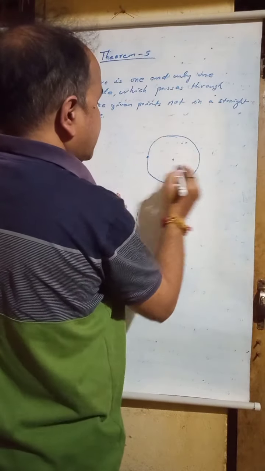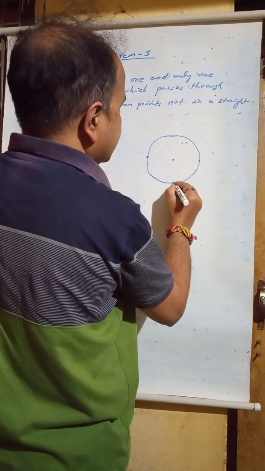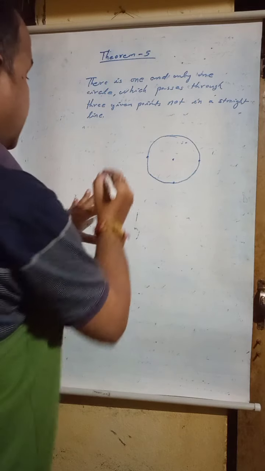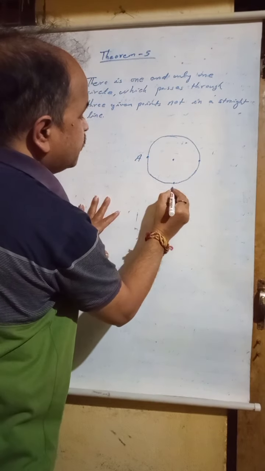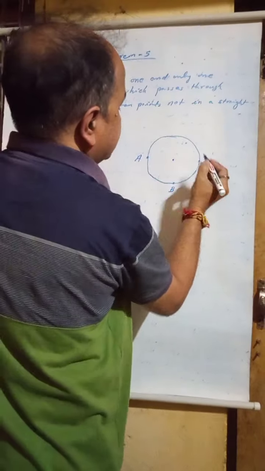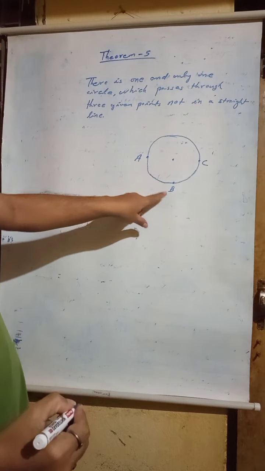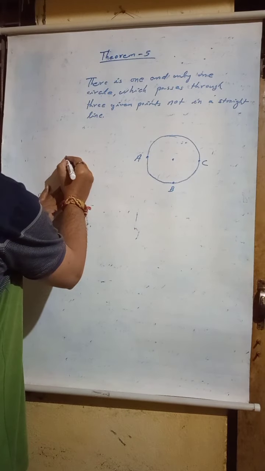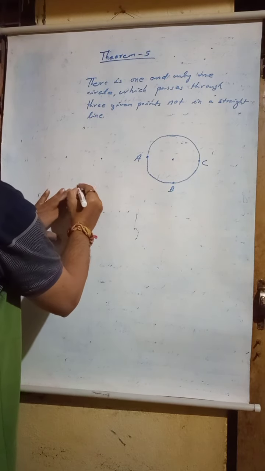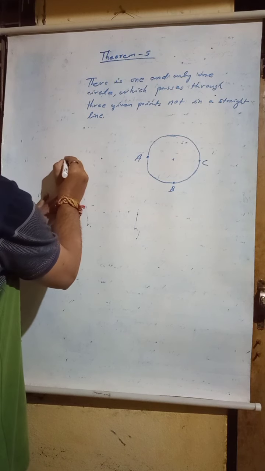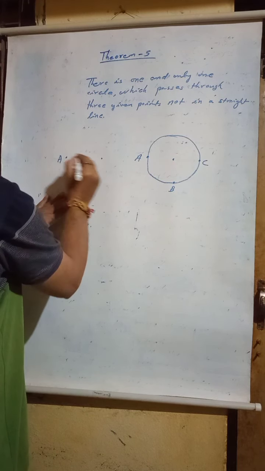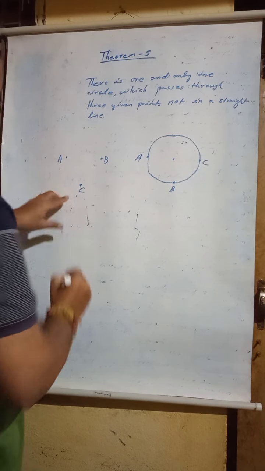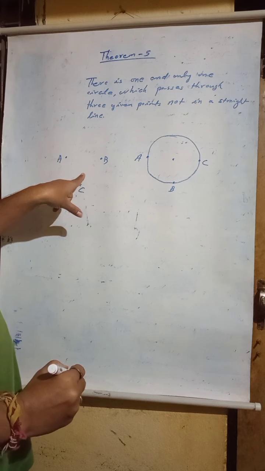Let one point, two point, then another point, three point. Let these three points be A, B, C. These three points are not in a straight line.